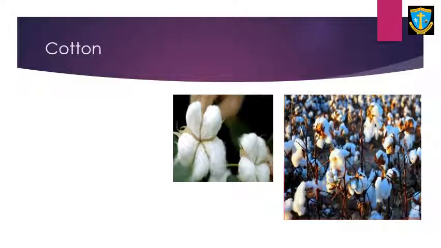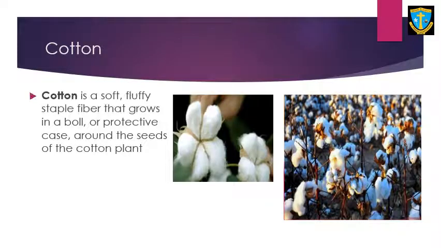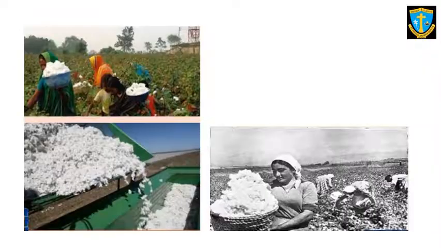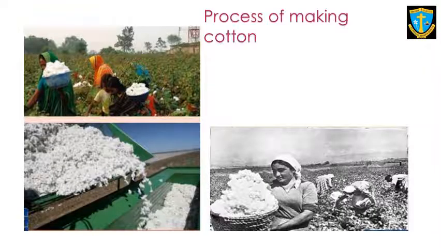Let us have a look at cotton. Cotton is a soft, fluffy staple fiber that grows in a ball or protective case around the seeds of the cotton plant. Usually, it grows at places having black soil and warm climate. The process of making cotton.